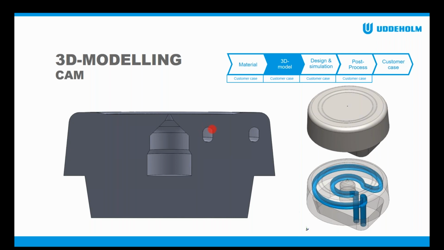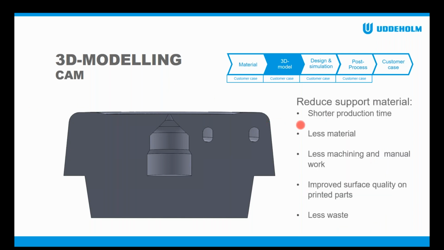I won't go through all the different steps right now, but if you have any questions, please write to me or give me a call. This is a step that we always discuss together with the customer in order to improve the quality of the printed part. What I'm trying to say is that we really want to reduce the amount of support material, because then we can shorten the production time and decrease the cost of the part.